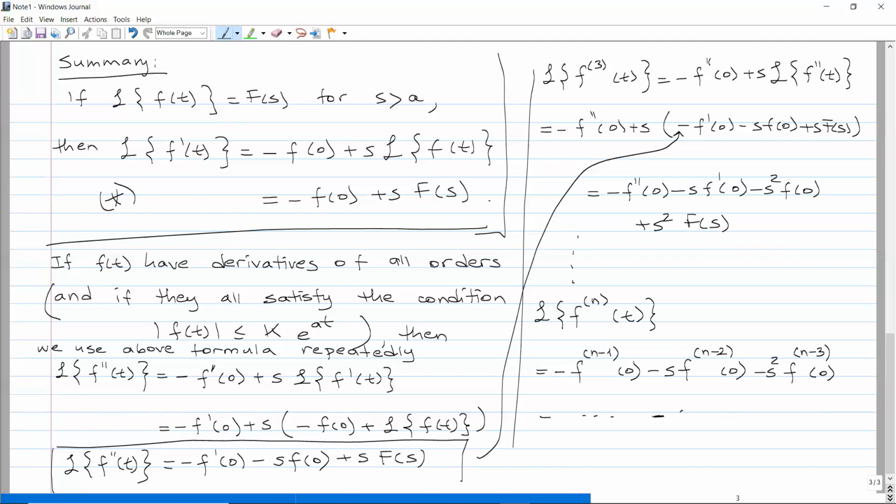So s to the power n minus 1 f of 0 plus s to the n minus 1 capital F of s.